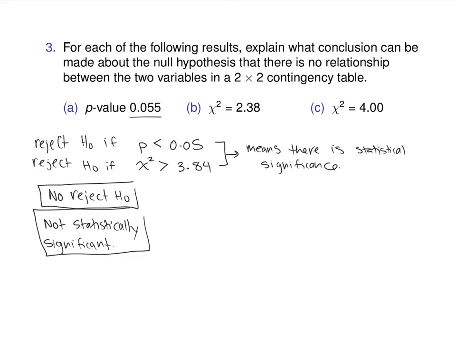Is it close? Sure. Yes. I thought you said the rate failed to reject H naught, and then we said don't. Don't reject H naught is fine. Fail to reject H naught is fine. It doesn't matter. Just don't reject H naught. Okay, how about chi-squared is 2.38? Yep. You cannot reject H naught. Is it statistically significant?